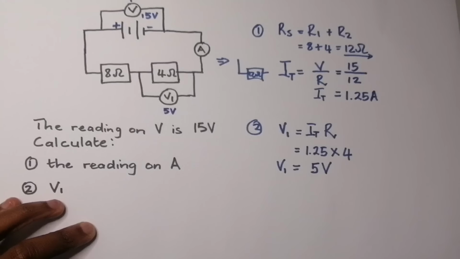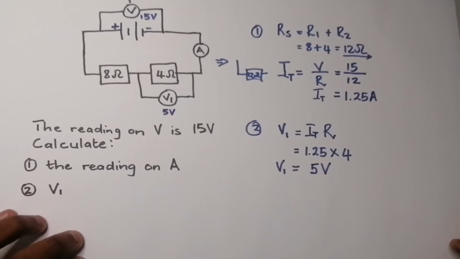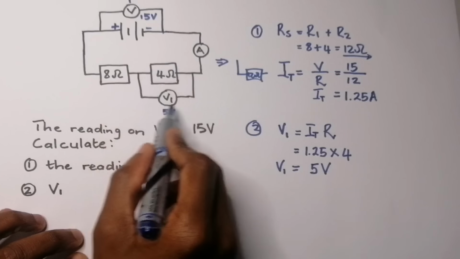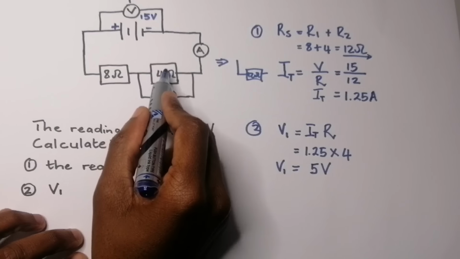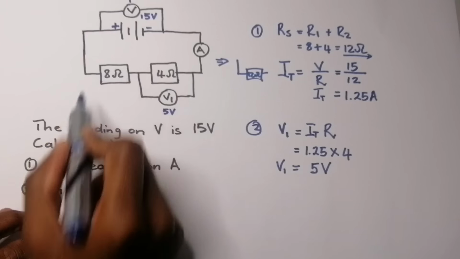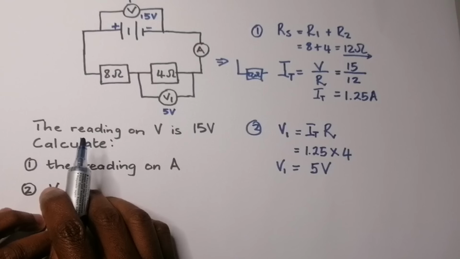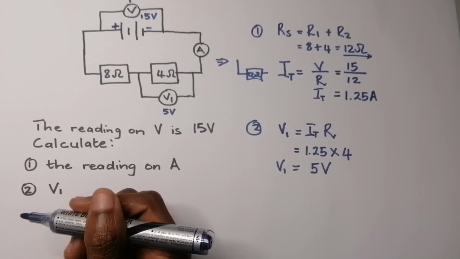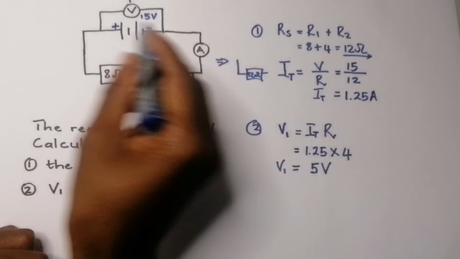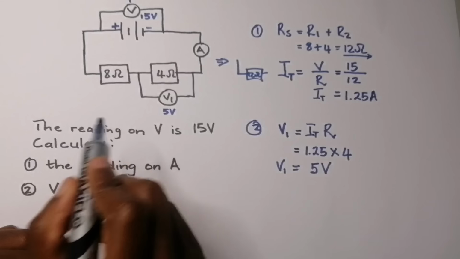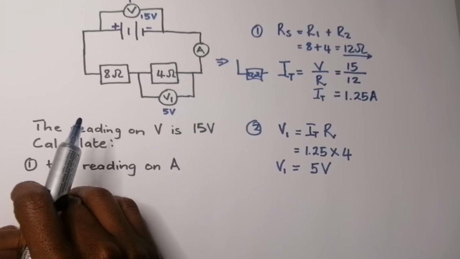Now, please, ladies and gents, let me just do this so that you just keep this in mind, right? So now that I know the voltage across the 4 ohm resistor, is it possible for me to find out what is the voltage across the 8 ohm resistor? Okay, well, there are two ways of doing that. I want you to please keep in mind, what did we say? We said in series, if our resistors are in series, it means that they divide the voltage, right?